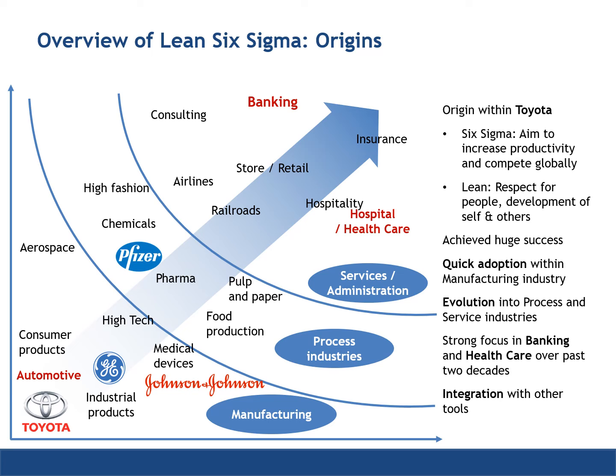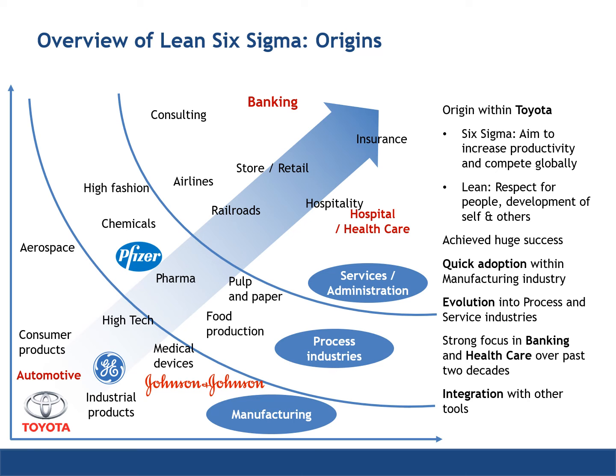It achieved huge success, so a lot of other companies started emphasizing the Lean Six Sigma principles, such as General Electric and Johnson and Johnson, and it moved into other industries like food and beverage, pharmaceutical, even high fashion retailers. They started using the Lean Six Sigma methodology.